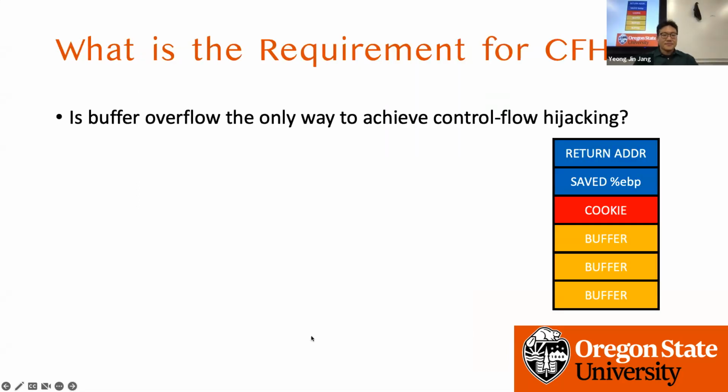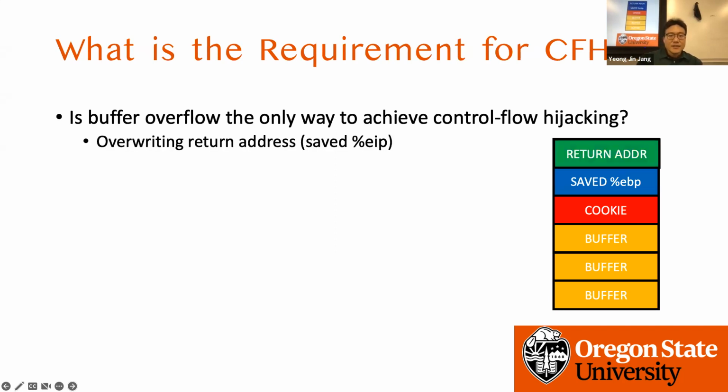So what is the required condition for control flow hijacking? The buffer overflow for overriding the return address is just one condition. The reason I keep saying this is that we need to have a generalized idea, and the buffer overflow is just a specific thing. Anything that lets us override the return address allows us to have control flow hijacking.